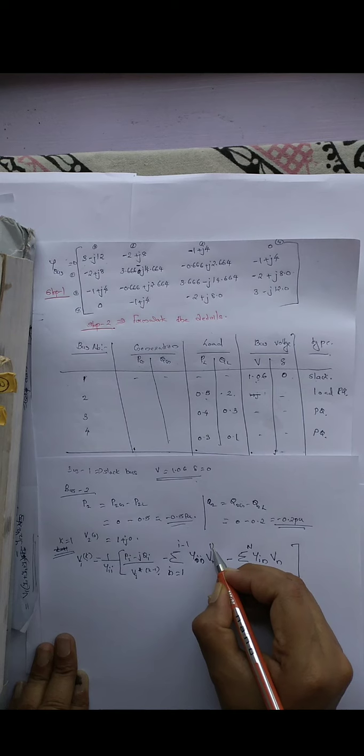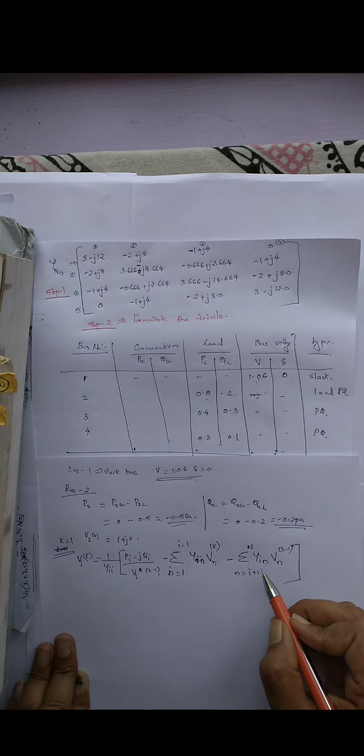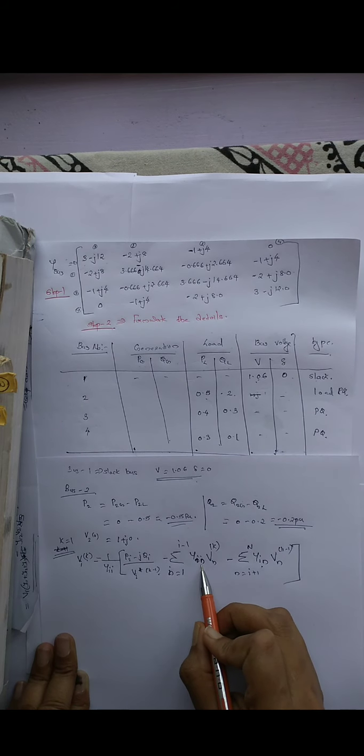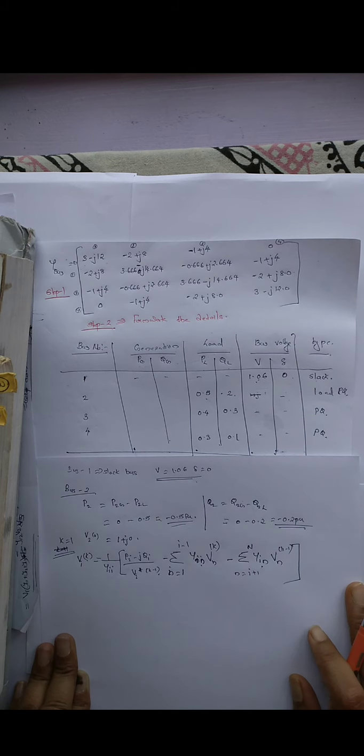This value we are taking for the kth iteration, and this value will be for the K minus 1th iteration. Here the admittance will be a constant, and Pi, Qi all values are there. So this is the equation we are going to solve.